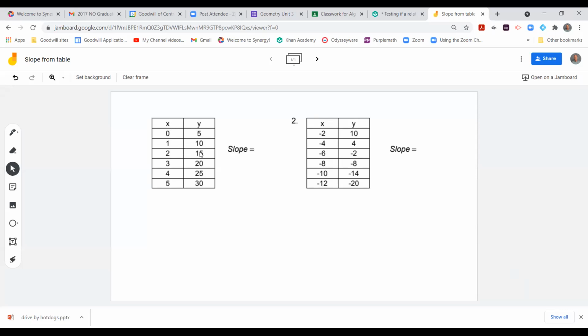You've got x, y, x, y: 0, 5, 1, 10, 2, 15, 3, 20, etc. So those are all ordered pairs. Do you see anything in there that might be helpful in graphing?